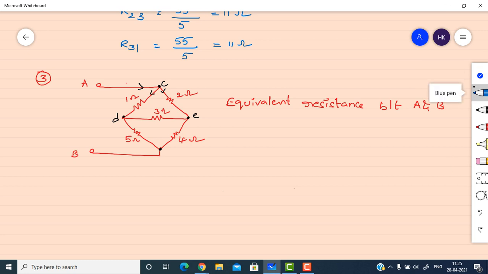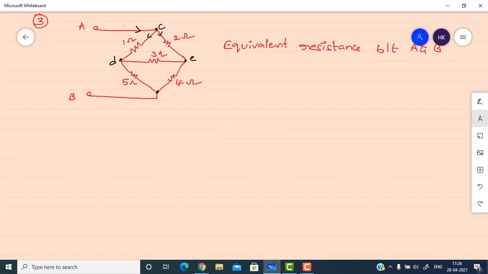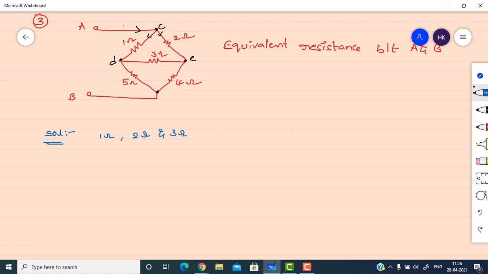First convert the delta connection into star. So those who don't know still, you can listen here. This 1 ohm, 2 ohm and 3 ohm resistor are connected in delta form.